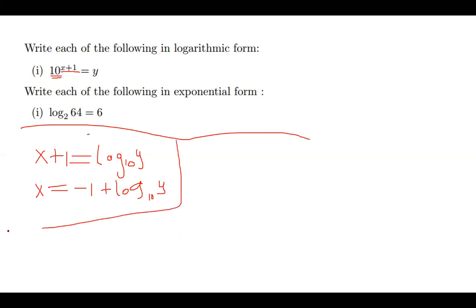Let me show you another rule or another way of converting that to logarithm. First of all, you have to note that when we say log 5 base 2, this can also be written as log 5 over log 2.